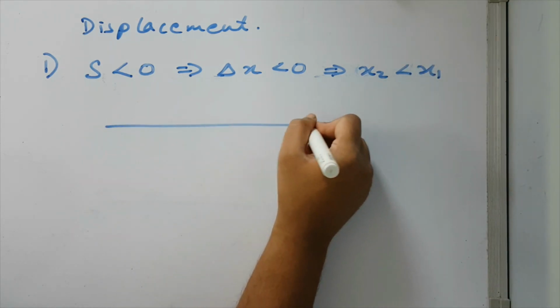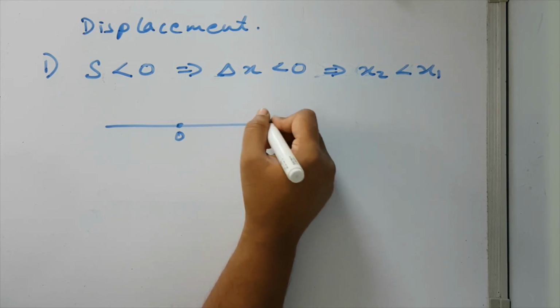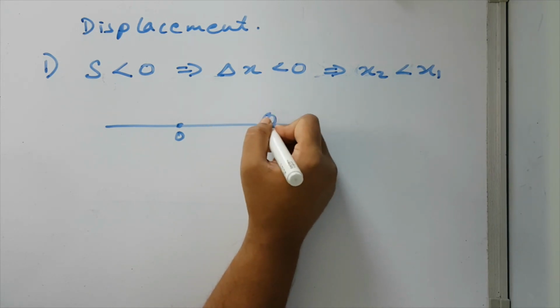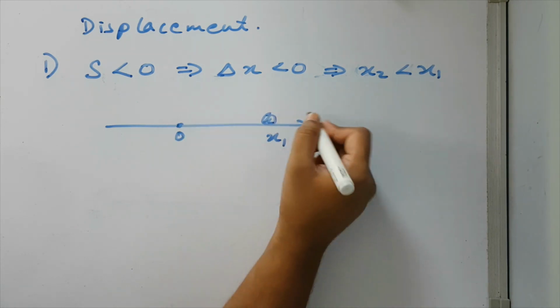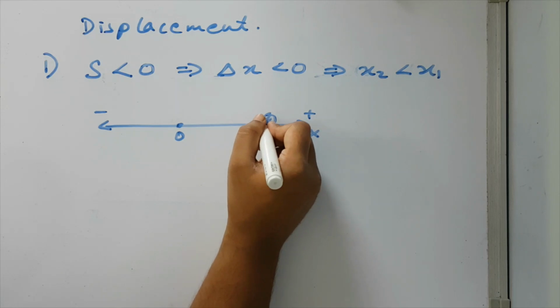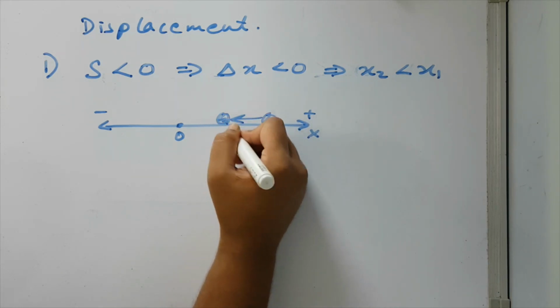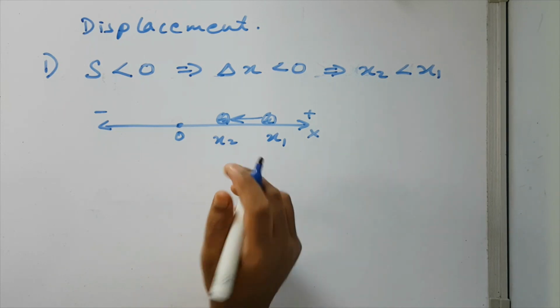So if the particle is here, let's say this is x1, then it has to move towards the negative direction, and the final position should be here. So you could see x2 is less than x1.